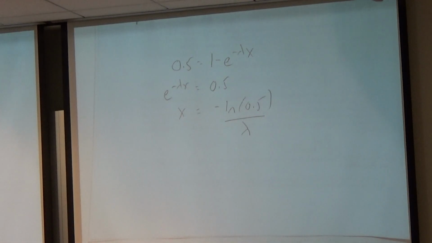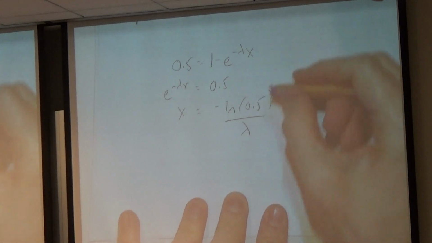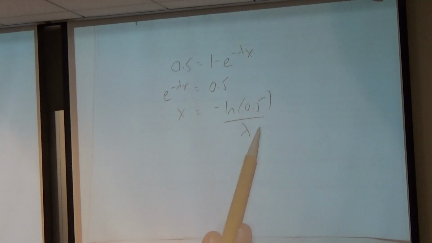So this is my median, and whatever it turns out to be, it depends on lambda. It tells me that 50% of the time somebody's coming in less than this number of seconds. I'm just giving you an illustration where mean and median aren't equal because there's a skew.